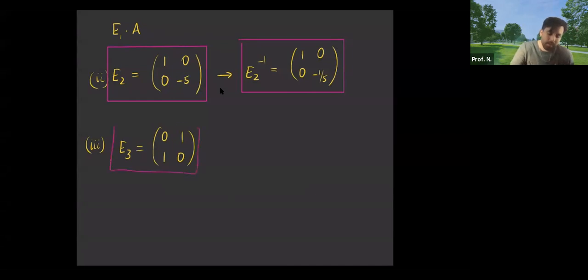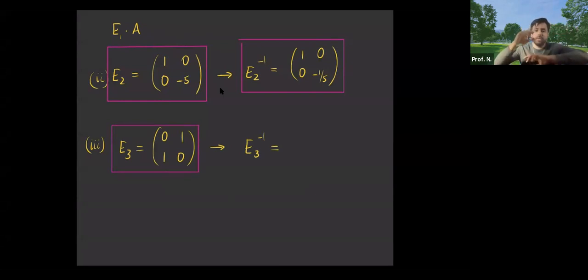Now, what's the inverse of this? The inverse is the identity? Think about it, right? I want to switch row 1 with row 2.